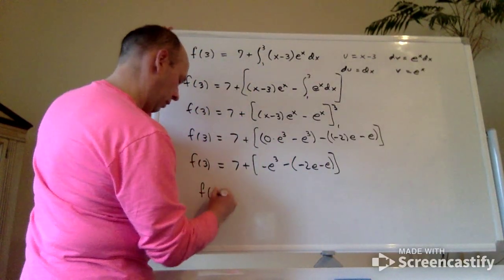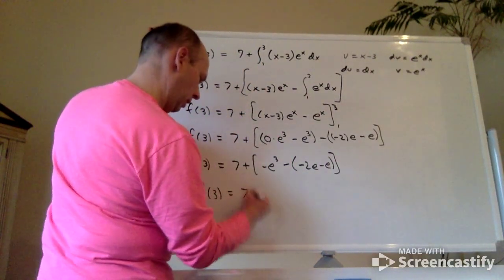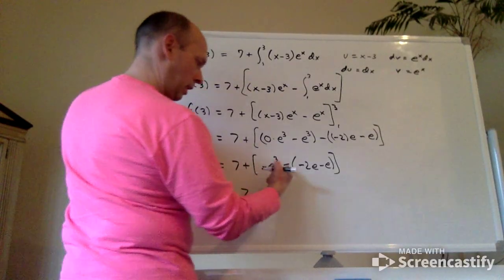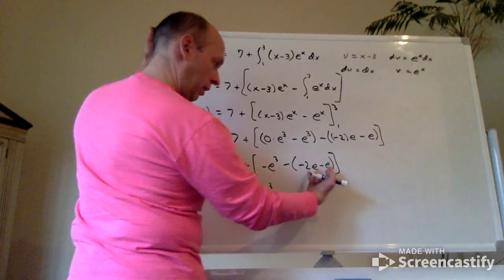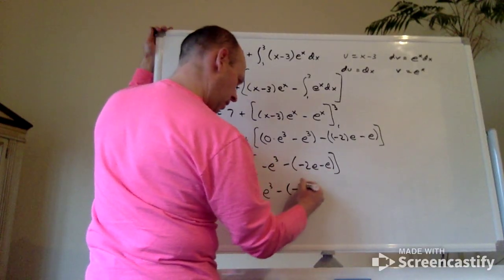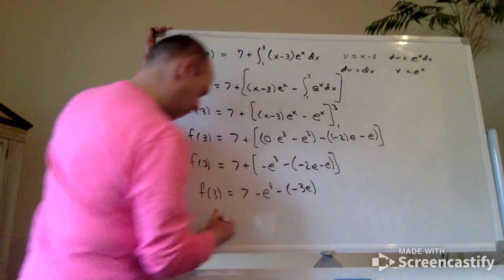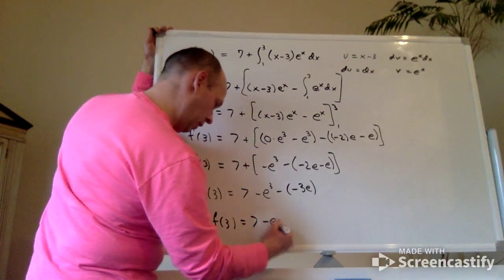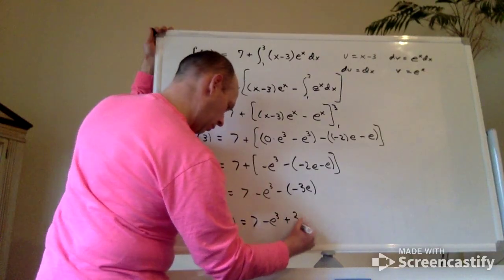So f of 3 is going to turn into 7, and then plus a negative e cubed, so that's a negative e cubed, and then plus a negative, in other words, minus this, so that's minus a negative 3e, I guess. So f of 3 is going to be 7 minus e cubed plus 3e.